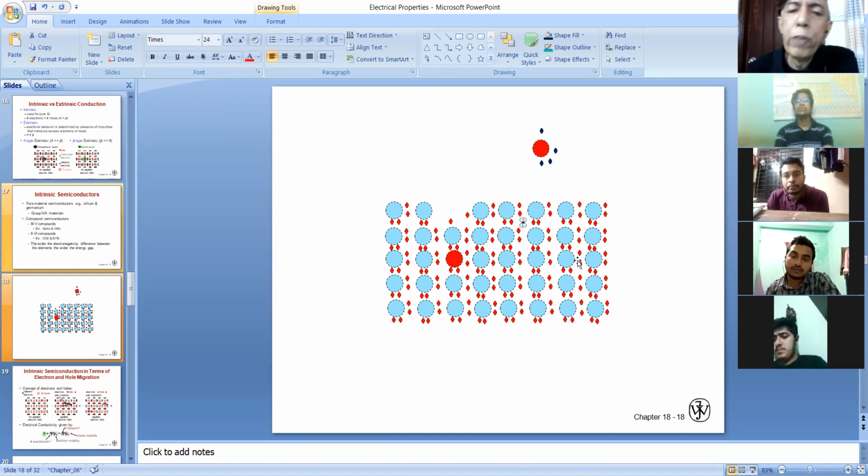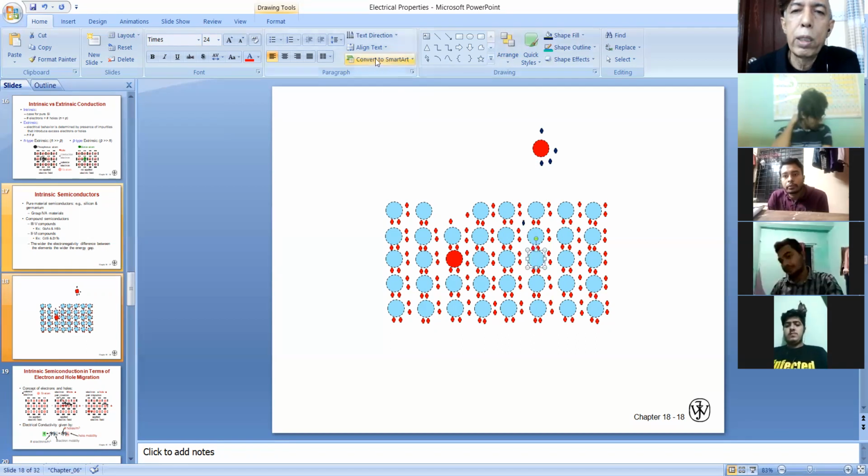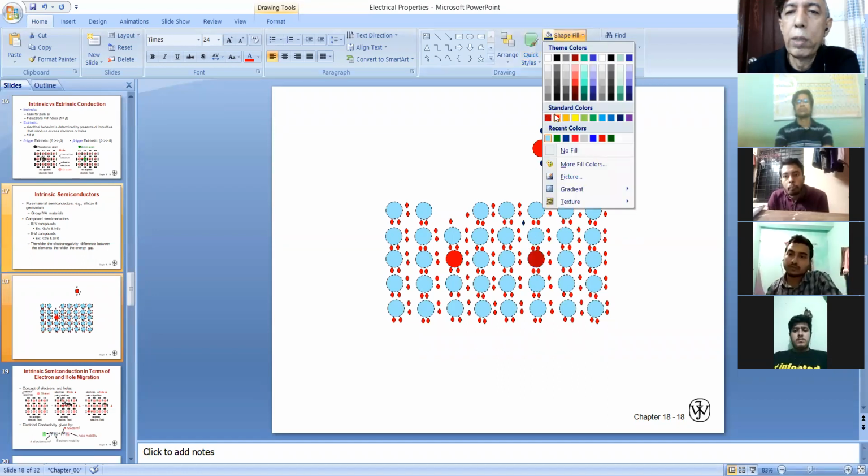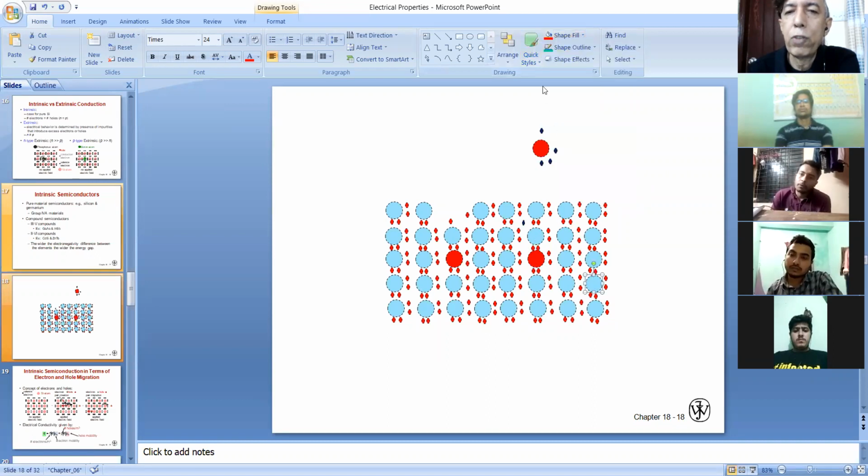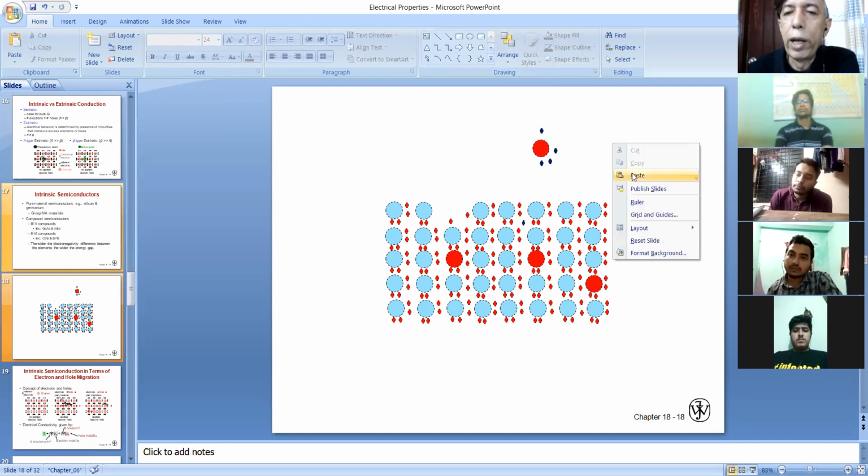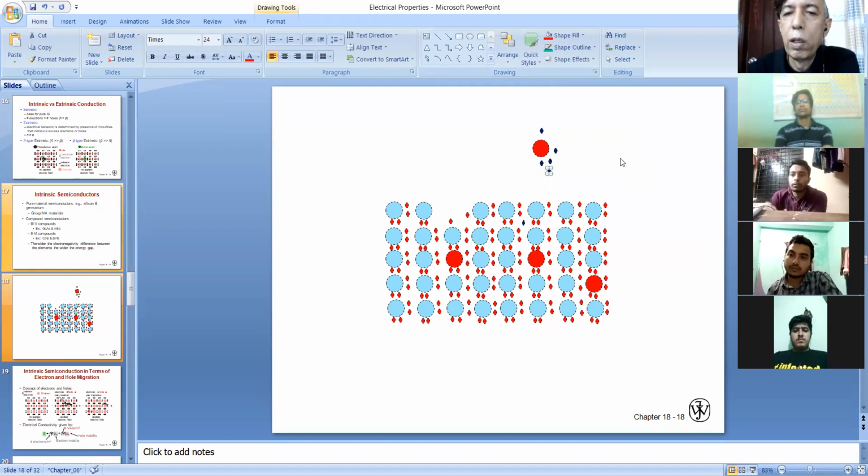So if there is another phosphorus atom here, the shape is red. If another phosphorus atom here, you will find more electrons.